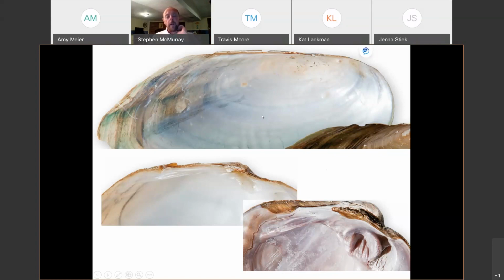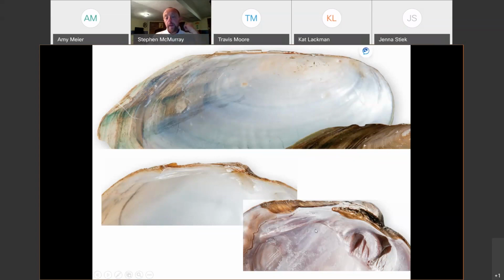So on the top here, this is the floater. In your field guide, if you're looking at the Missouri field guide, it will be Utterbachia imbecilis. Had to remember which genus name we used for it because it's changed since then. And then this one, I believe, is a broken ray, one of the Lampsilis reeveiana complex species.